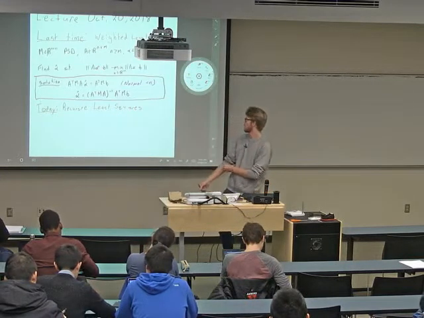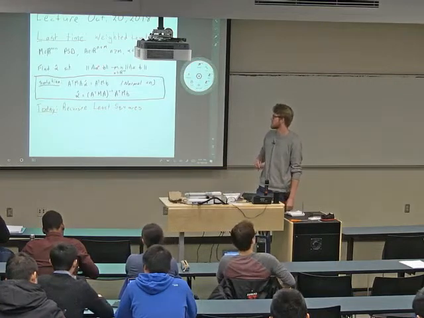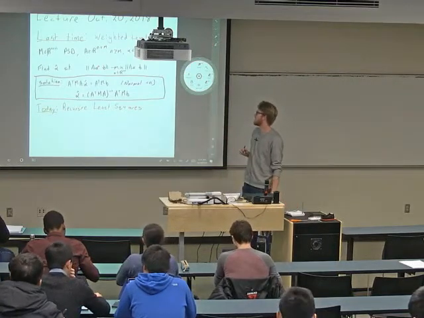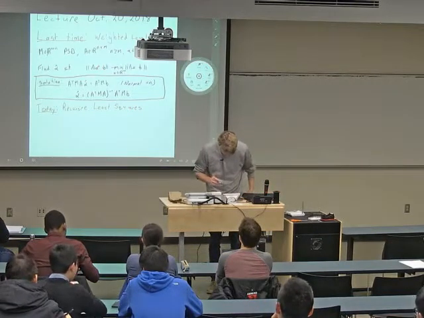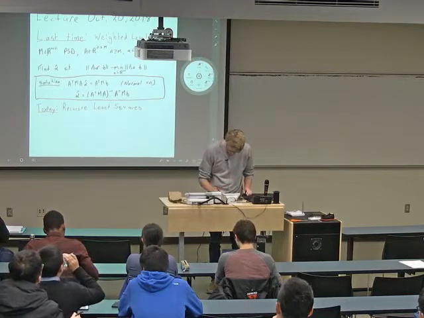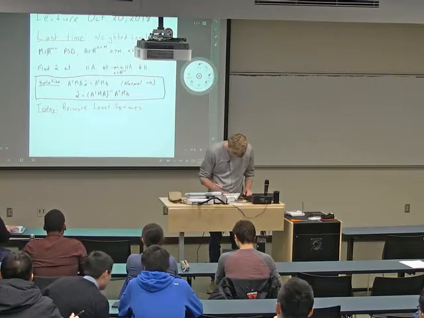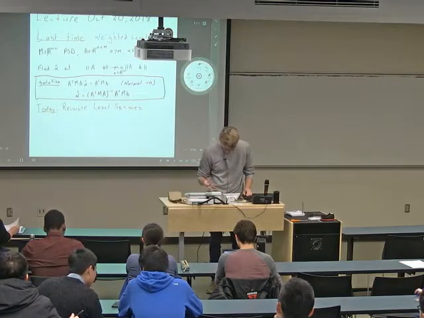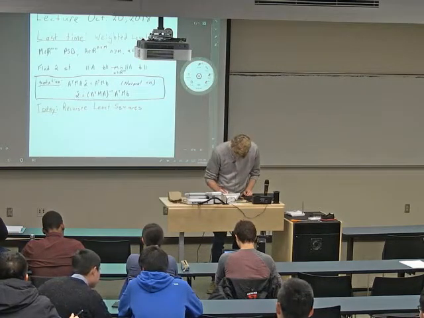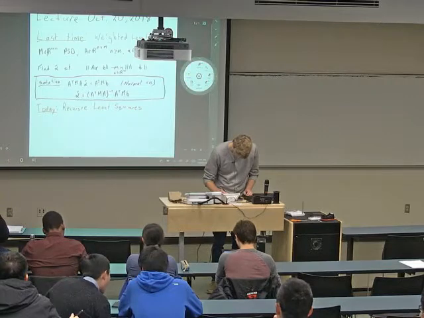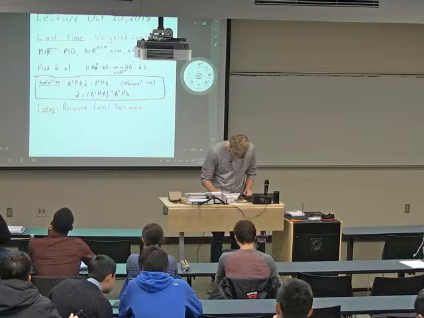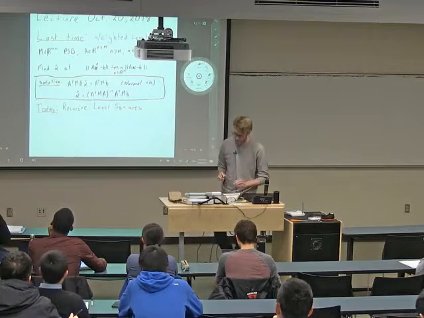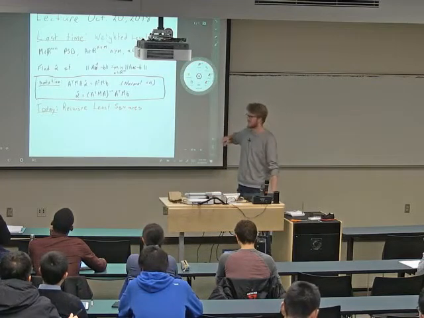The weighted least squares problem is trying to find a vector alpha hat that minimizes... Let me quickly fix this. Sorry for the handwriting. You can go back to last week's notes too.